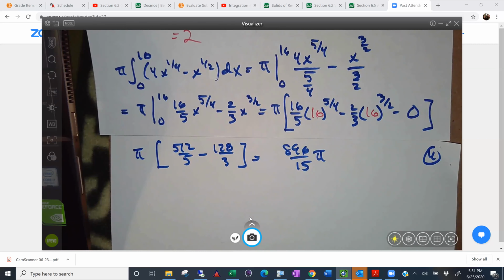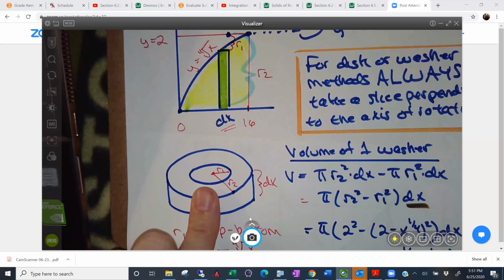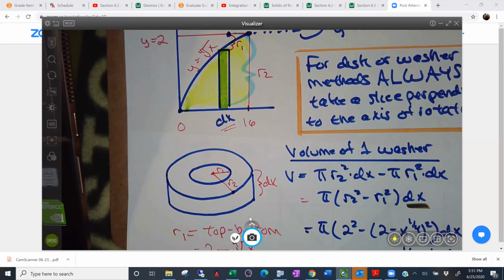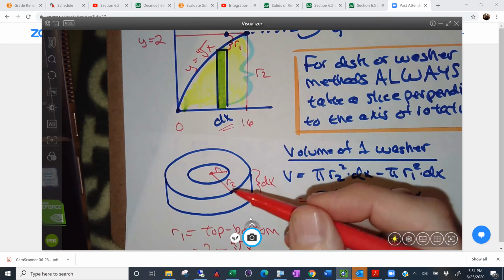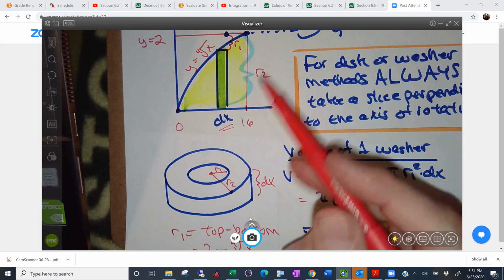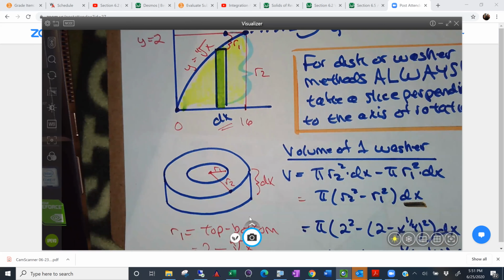So do we have to draw out the disk or washer diagram or no? You get bonus points for drawing a really cute one. Absolutely. And if it's a disc and you label it a hockey puck, like in our last one, that's extra credit. No, I'm kidding. It's kind of up to you. I think it's helpful to look at it, and that's why I always draw it for myself.